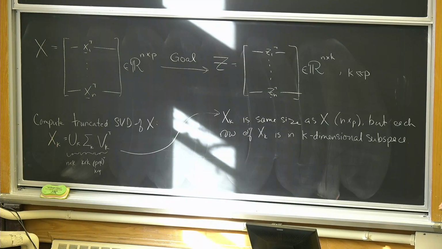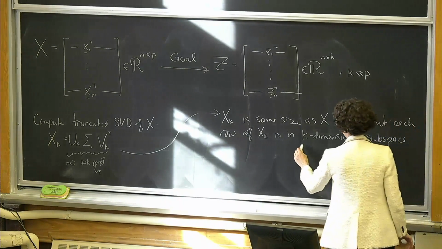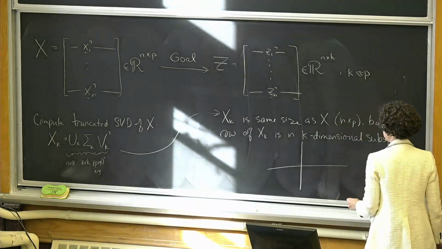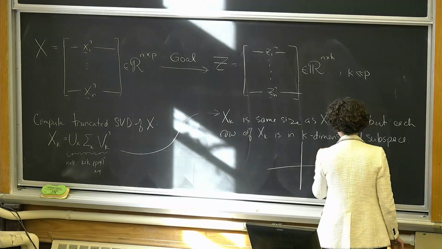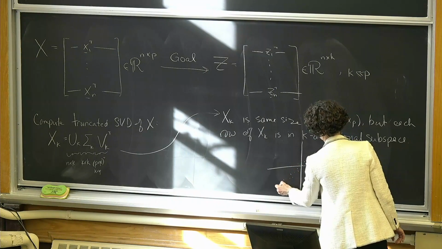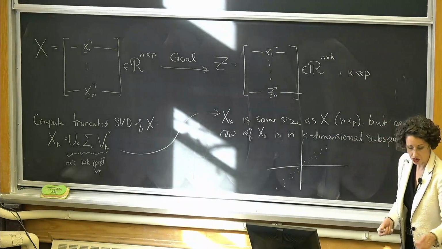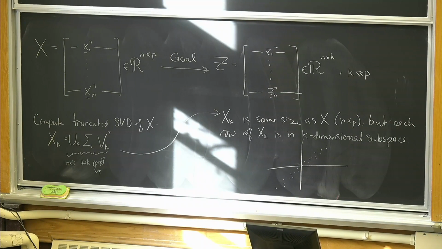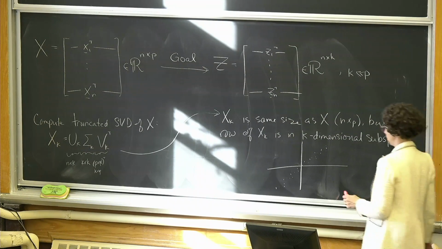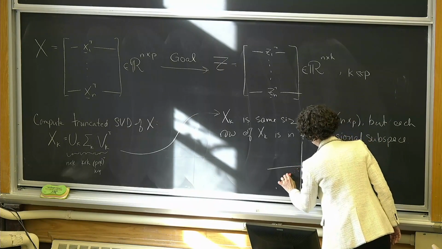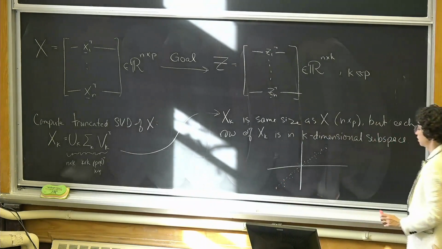So to illustrate this, imagine that we have a whole bunch of points that are in 2D, like this. And then we compute XK. XK is going to give us a whole bunch of points. Now, same number of points, but they all are going to lie exactly on this subspace.